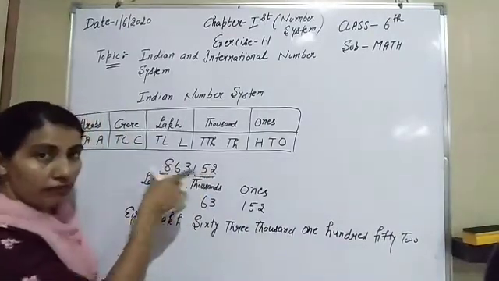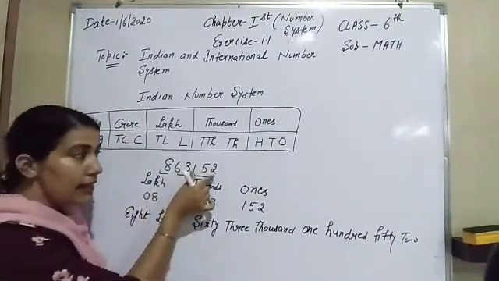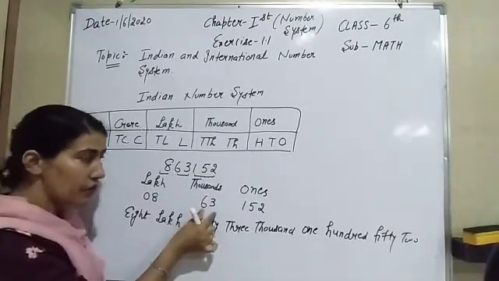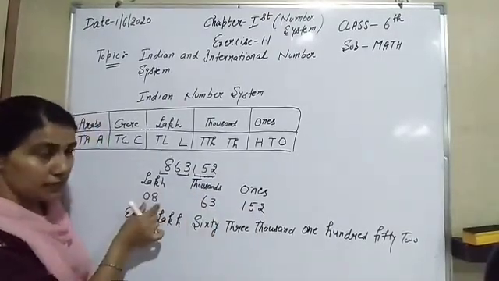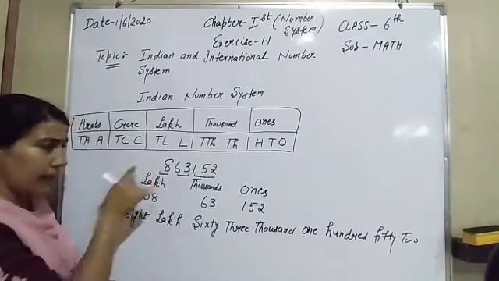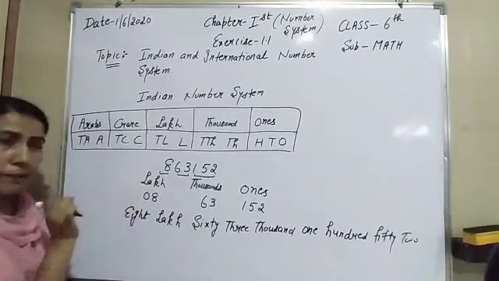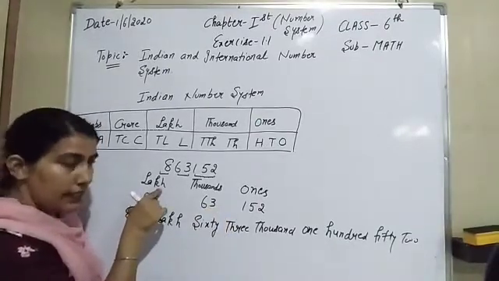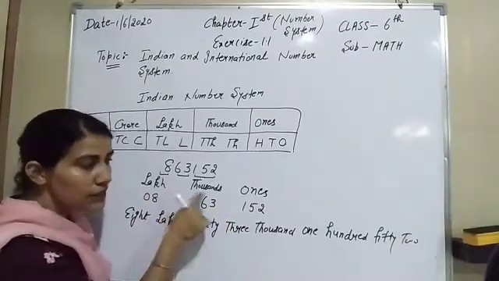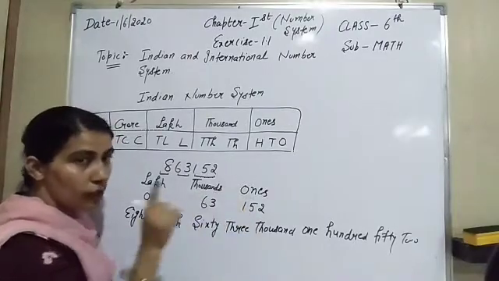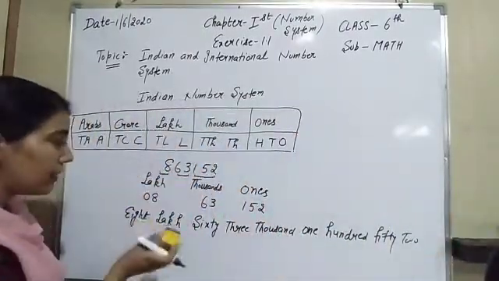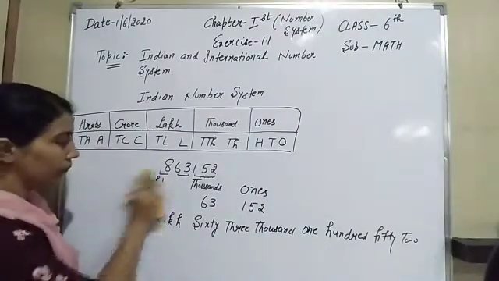Firstly, whatever number you are given, write its last three digits in the ones place, its two digits in the thousand place, and its two digits in the lakhs place. If we have any other number there, then write it in the crore place. So firstly, we have 8,63,152. Let us take one more example so that you can understand easily in which way we can write numbers in Indian number system form.